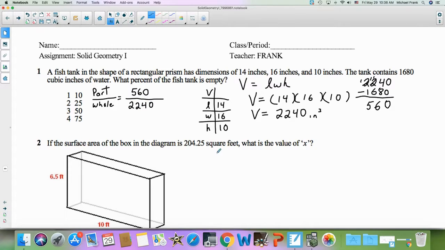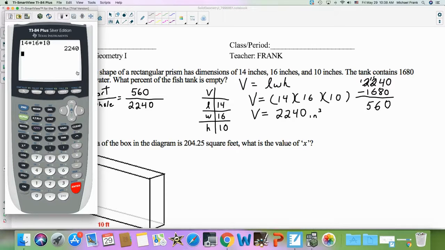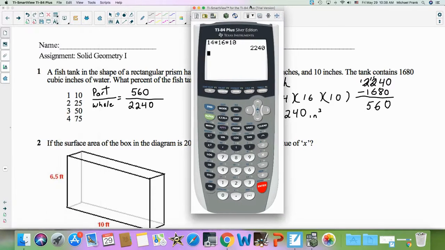Now, when we divide that, we're going to get a decimal, and then you just multiply that by 100 to get your percent. So it's going to be 560 out of 2,240.